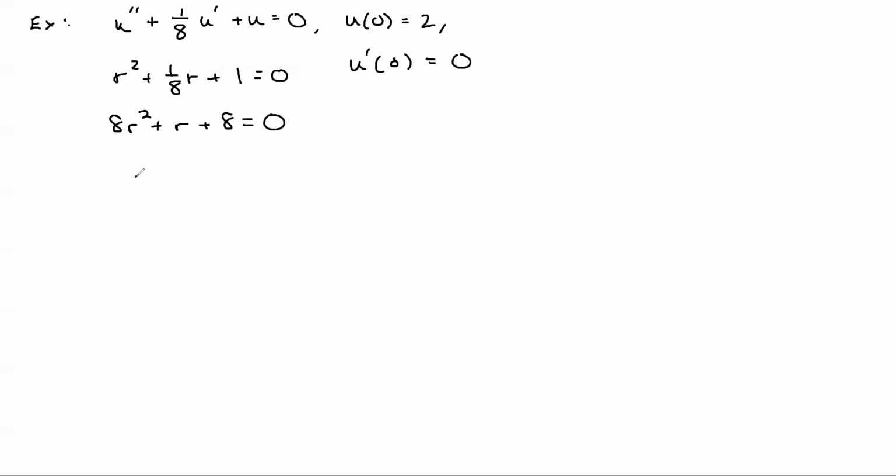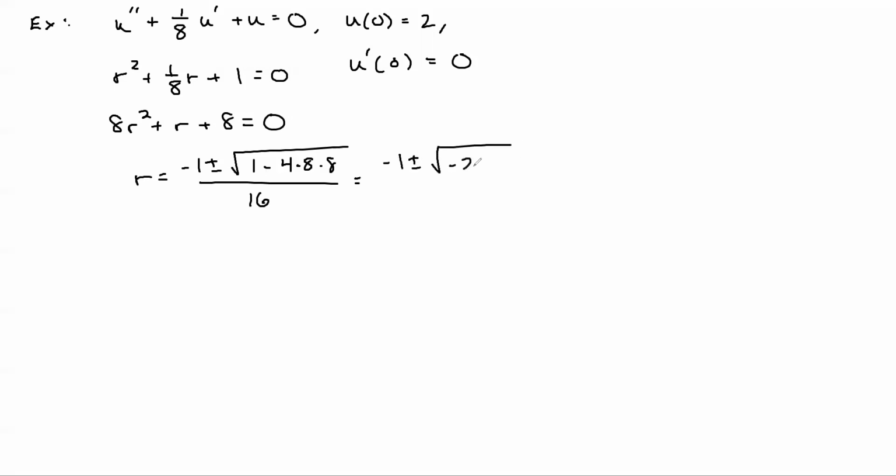And then we can go through and say r is going to be -1 plus or minus the square root of 1 minus 4 times 8 times 8, divided by 2a, which is 16. And that we could simplify into -1 plus or minus the square root of -255 over 16. So it's going to be -1 plus or minus root 255 i over 16.